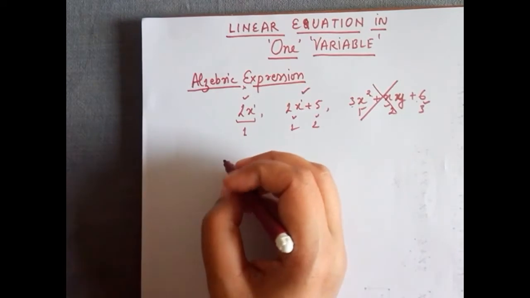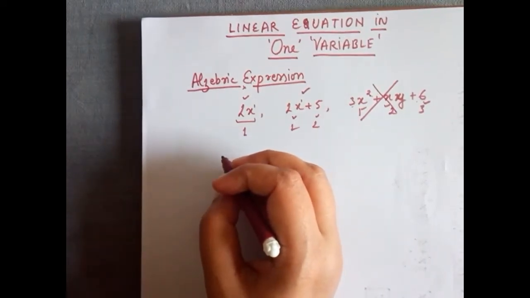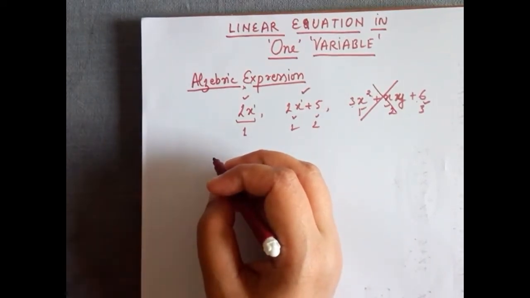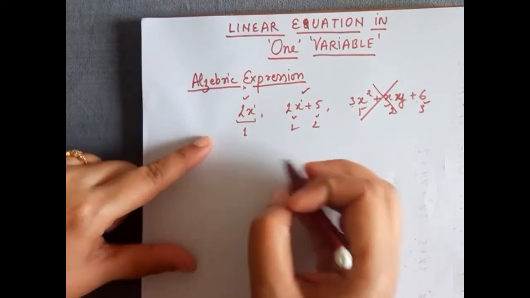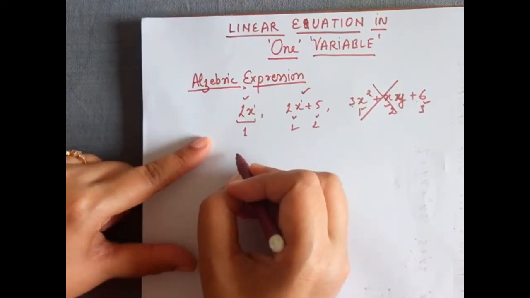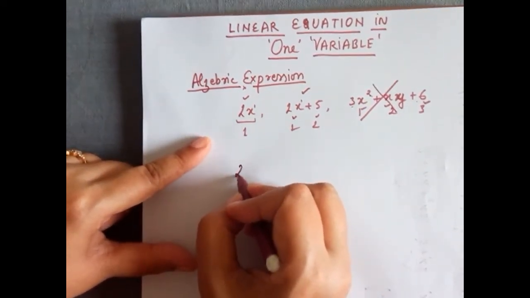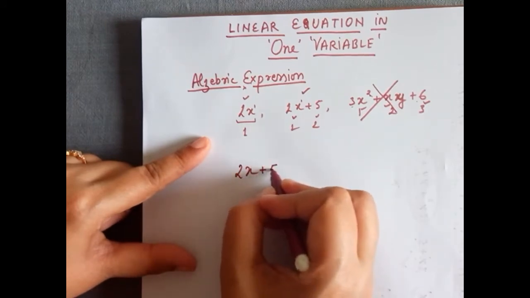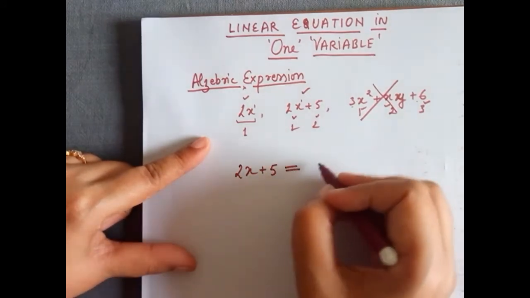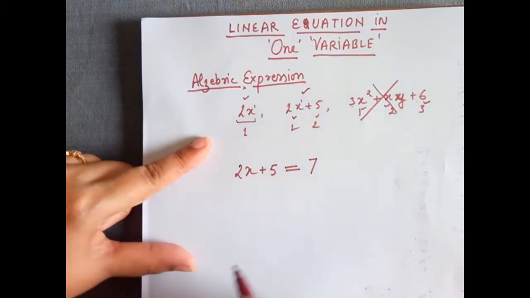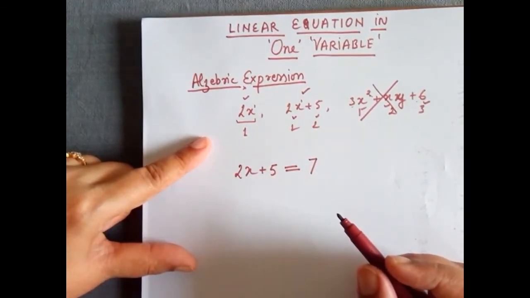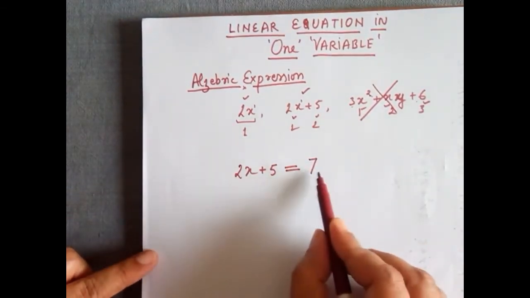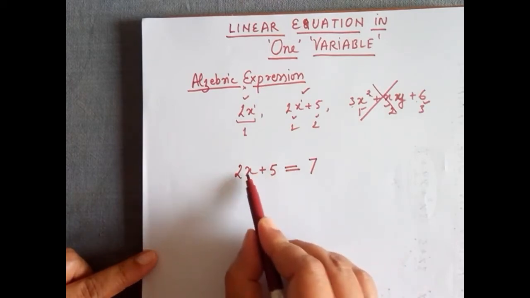And when we establish an equality involving variables, see, if we write 2x plus 5, put an equal sign and give it a number, 2x plus 5 is equal to 7, means we have established an equality involving variables.